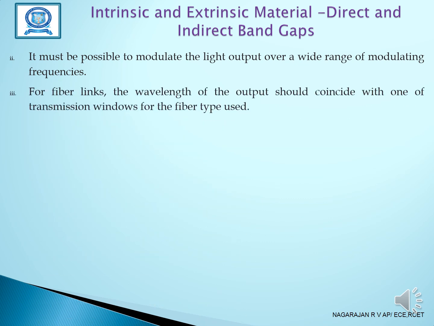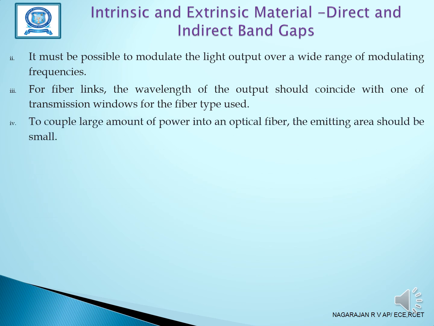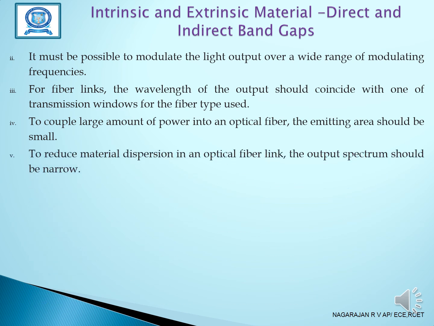For fiber links, the wavelength of the output should coincide with one of the transmission windows for the fiber type used. To couple a large amount of power into an optical fiber, the emitting area should be small. To reduce material dispersion in an optical fiber link, the output spectrum should be narrow. The power requirement for its operation must be low.